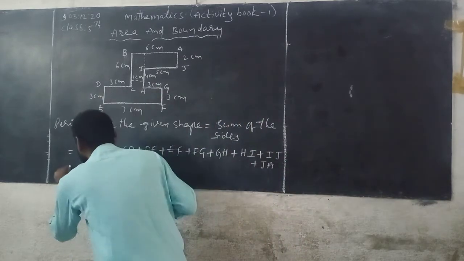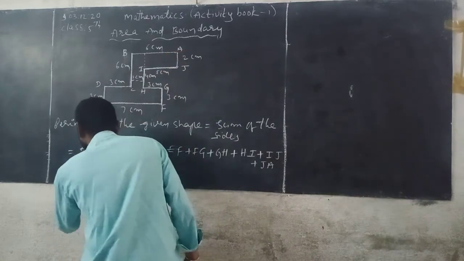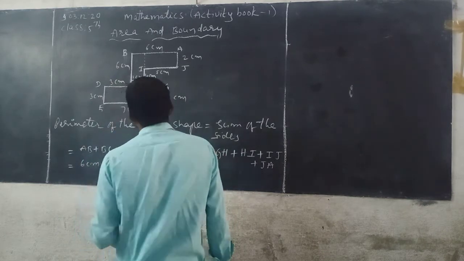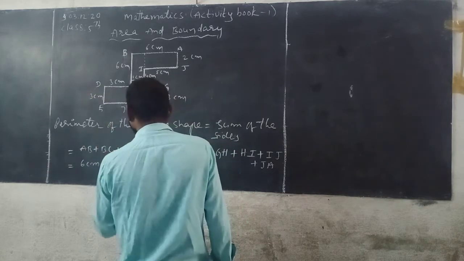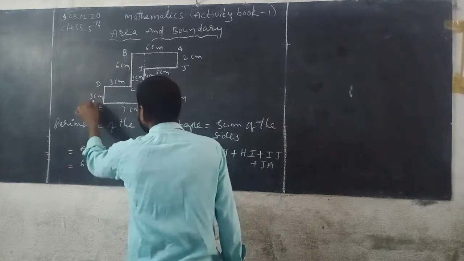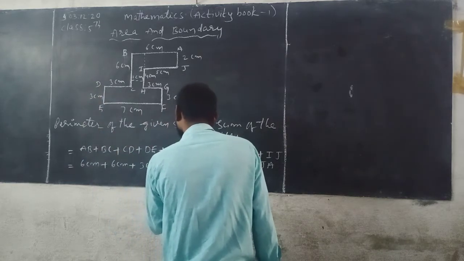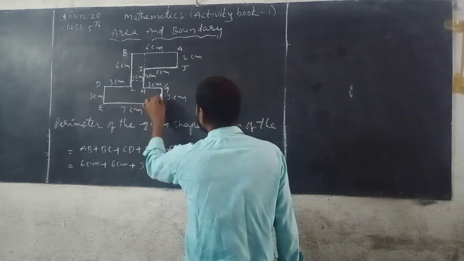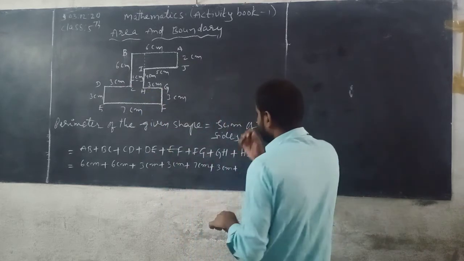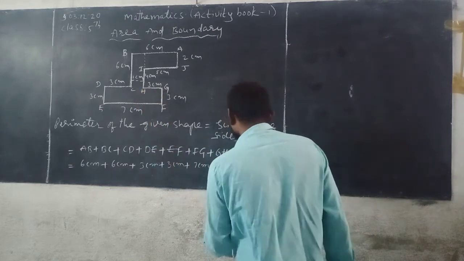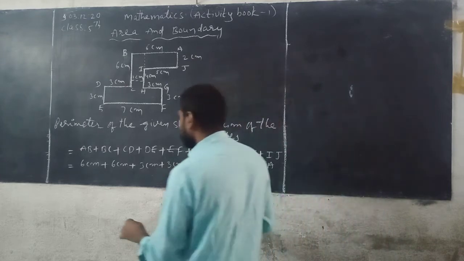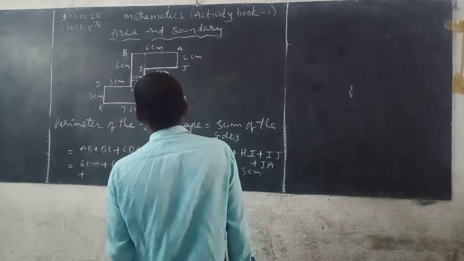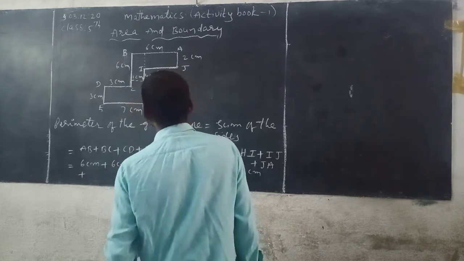Then substitute the values. AB is equal to 6 centimeters plus BC is equal to 6 centimeters plus CD is equal to 3 centimeters plus DE is equal to 3 centimeters plus EF is equal to 7 centimeters plus FG is equal to 3 centimeters plus GH is equal to 3 centimeters.